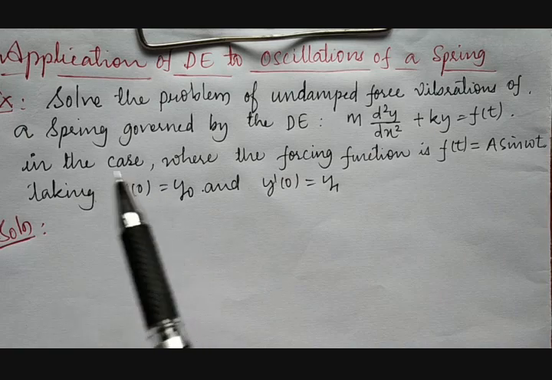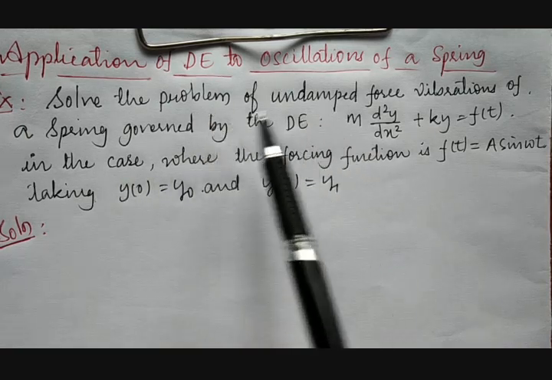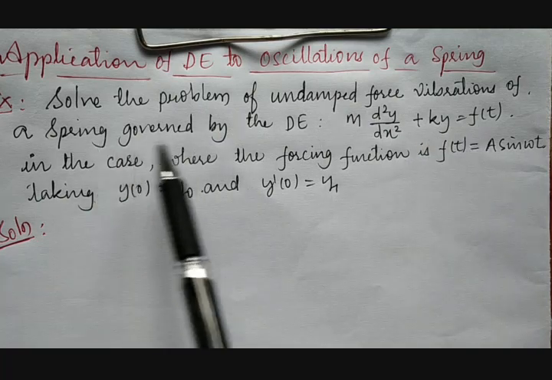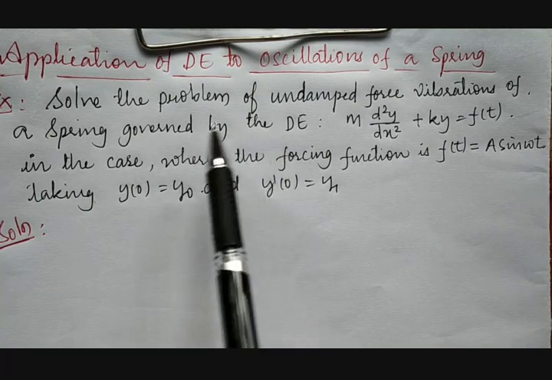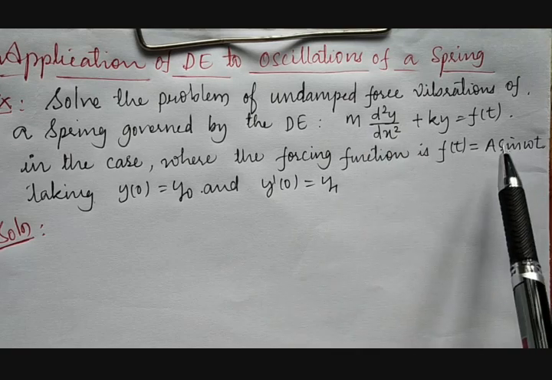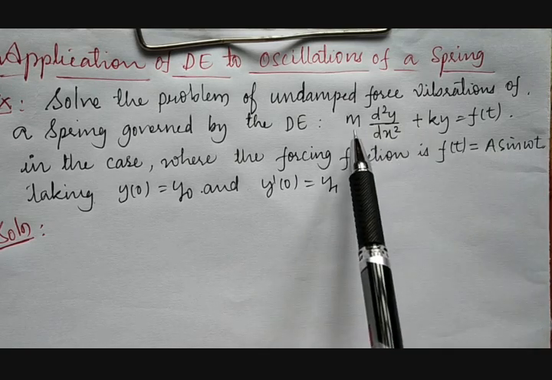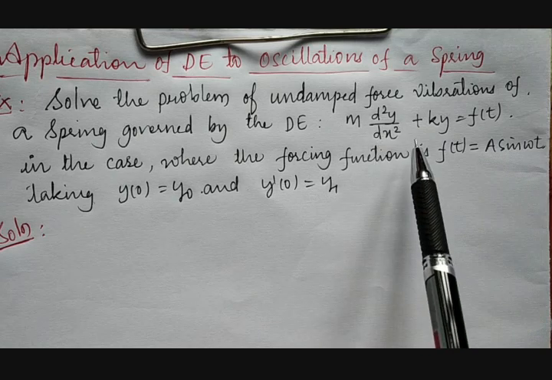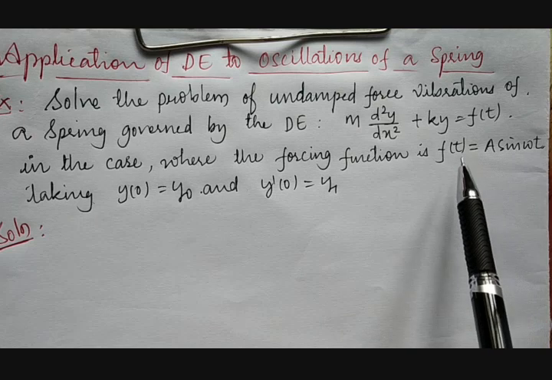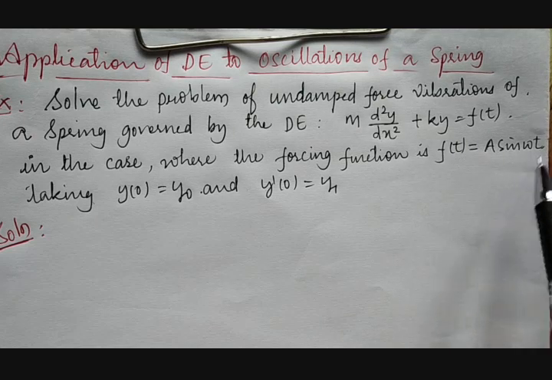In this example, there is the problem of undamped forced vibration of a spring. The given differential equation is a second order differential equation, m d²y/dx² + k y = f(t), but here the value of f(t) is also given.